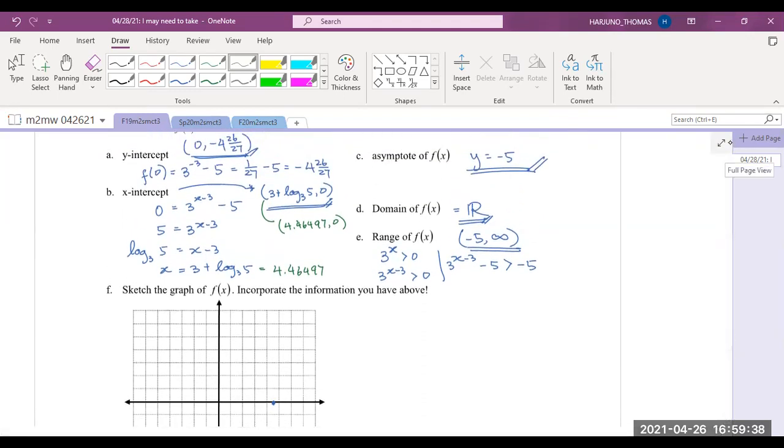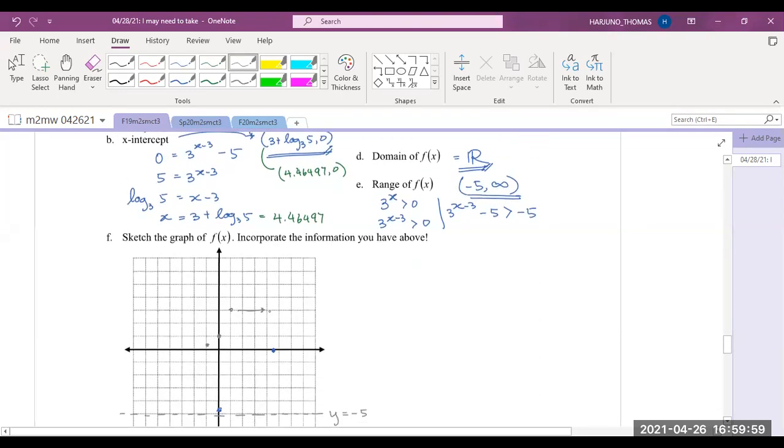The 3 important coordinates. This is base 3, right? So 0, 1, 1, 3, negative 1, 1/3. Now move these 3 units to the right and then 5 units down. 3 units to the right, 5 units down. So it will be here.